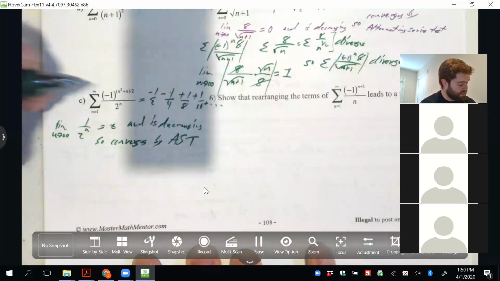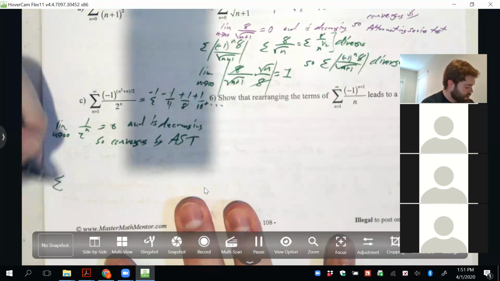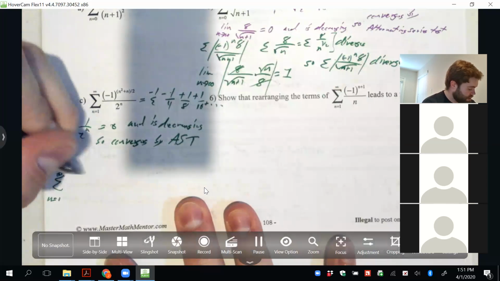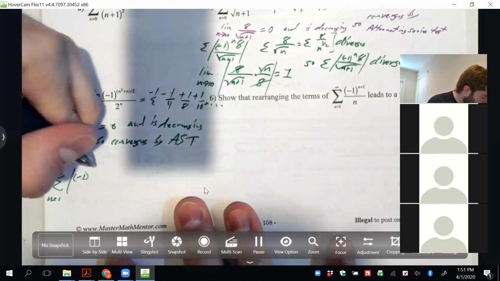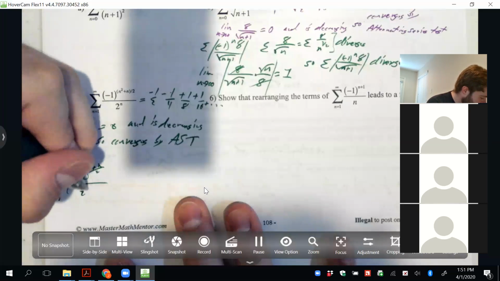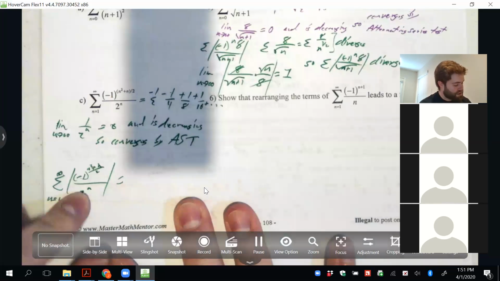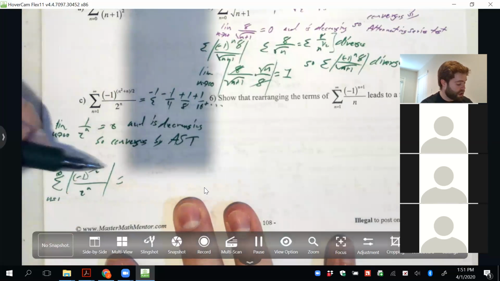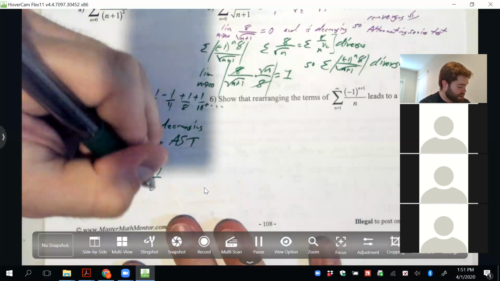Now I want to check to see if it also converges with the absolute value sign. The sum from n equals 1 to infinity of the absolute value of (-1) to the n squared plus n over 2, all over 2 to the n. When you take the absolute value of that, it's essentially undoing the negatives, so it's really just the summation of 1 over 2 to the n.